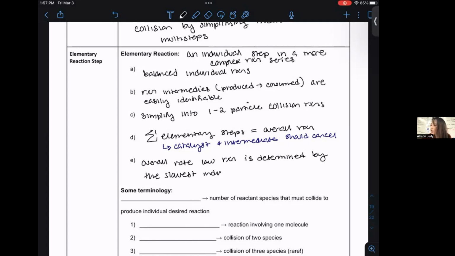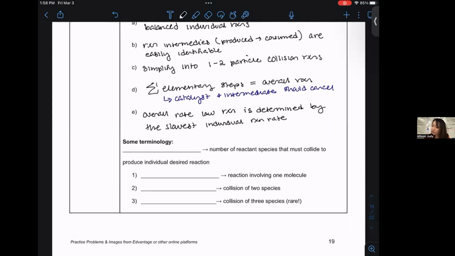So it's kind of like saying that you're only as strong as your weakest team member. You're only as fast as your slowest member. It's the bottleneck, the gatekeeper, the slowest individual reaction rate.